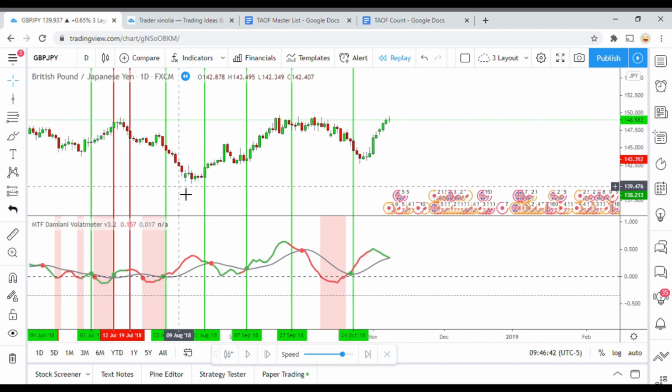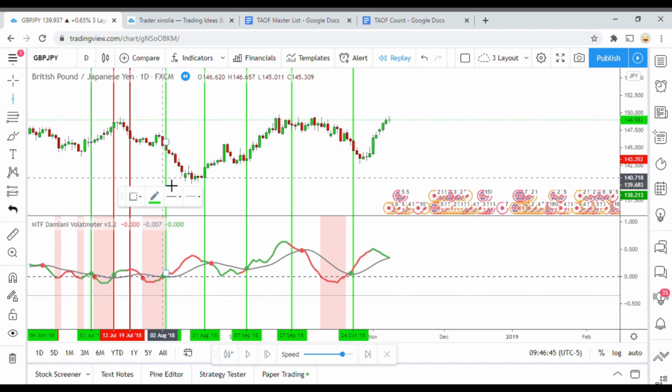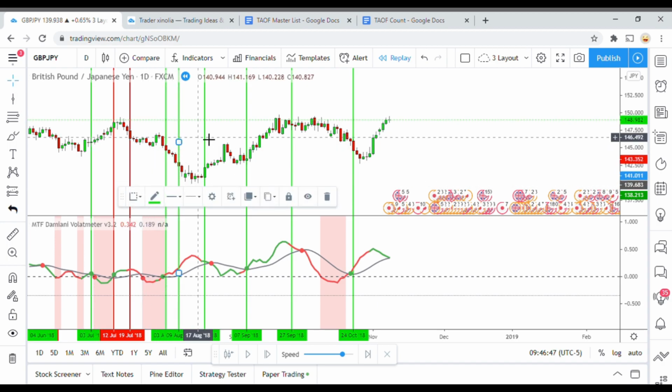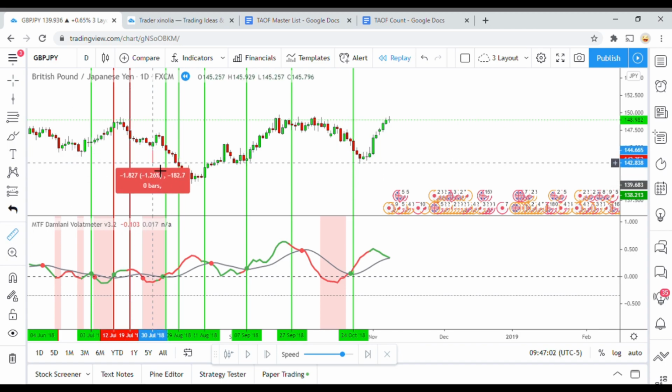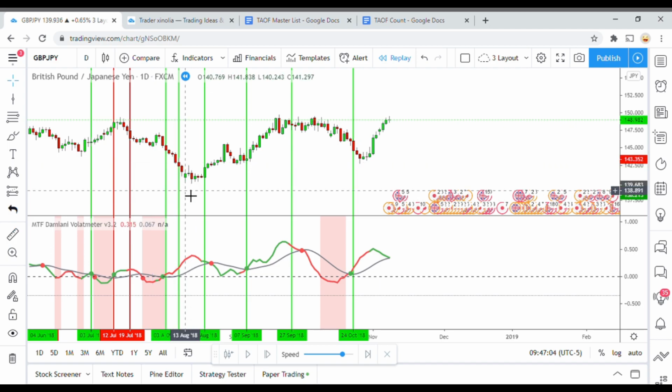One thing I haven't been doing is being mindful of continuation trades here. Let's go back and look at a few of those. There on that one.